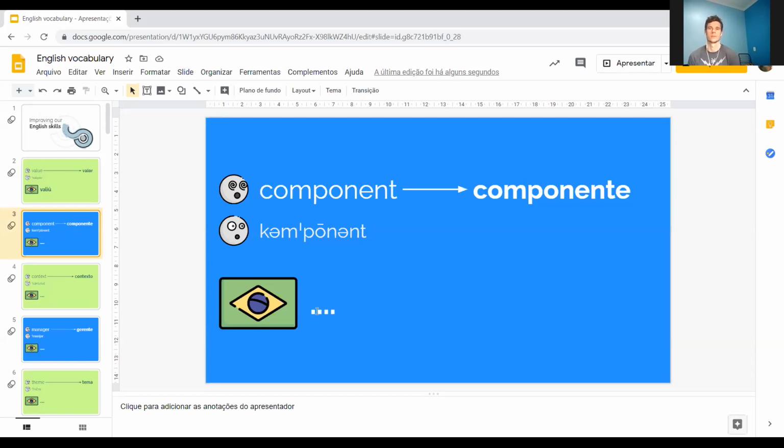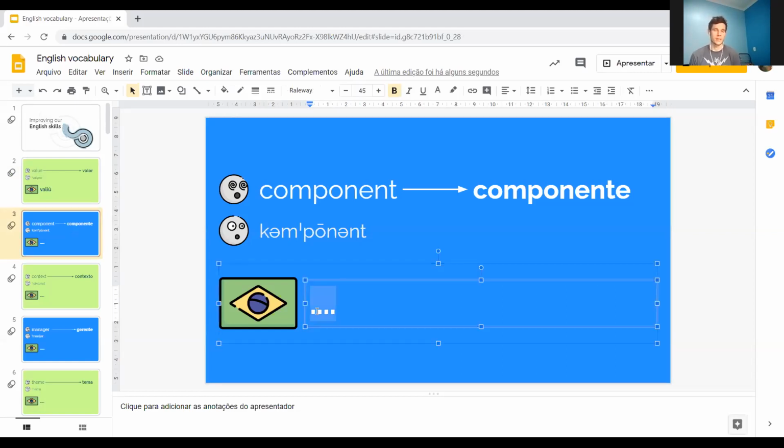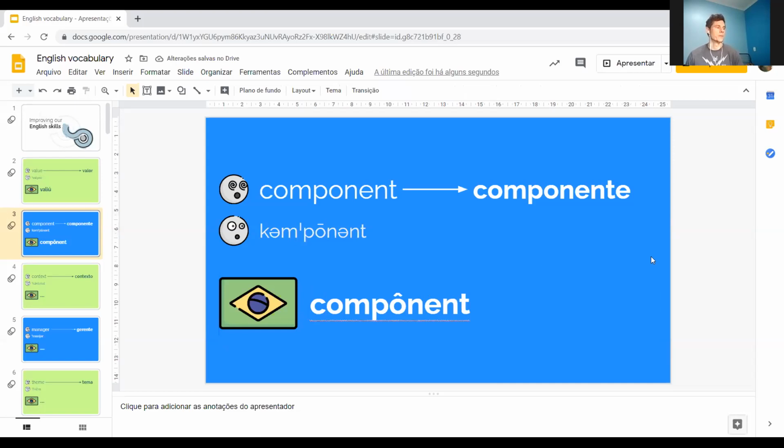Component. Is that right? Yeah, that sounded really good. Now, the most common American accent will not pronounce the T at the end of words. Some words we may, but for the most part, we won't.